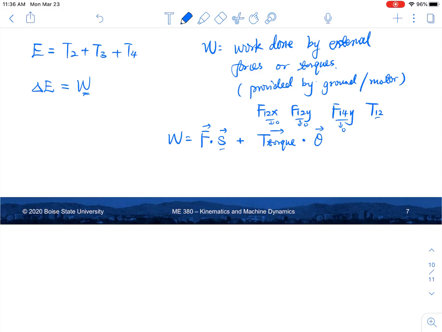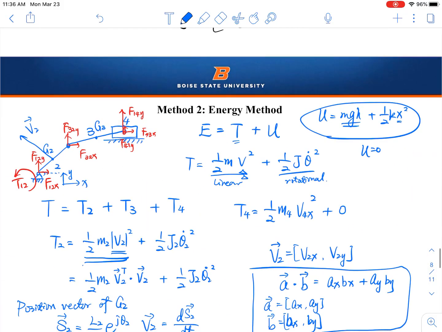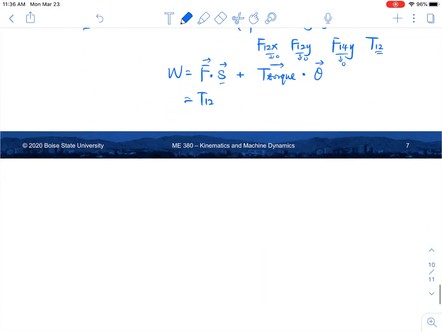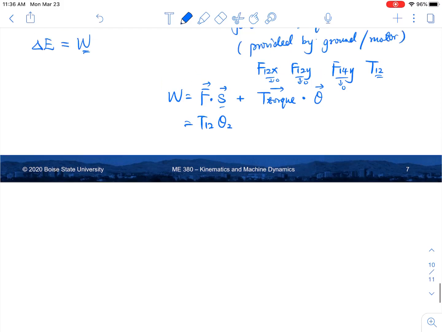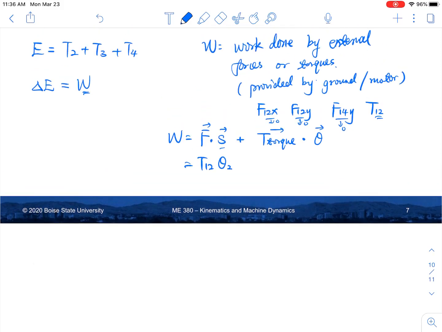So the only thing left is actually the motor torque. It's T12 times the motion at that joint. The motion here is described by theta 2, so you have to multiply it by theta 2. Okay, that's the work done by the external force. And then we know that this work is going to generate some energy variation.